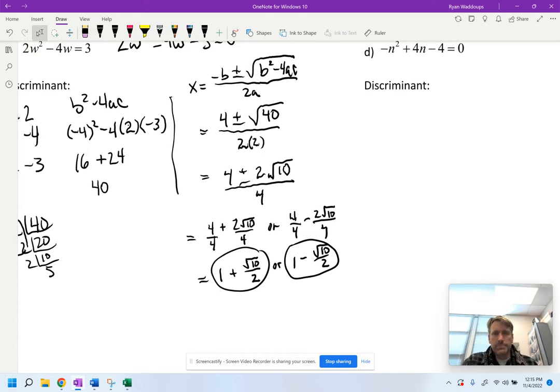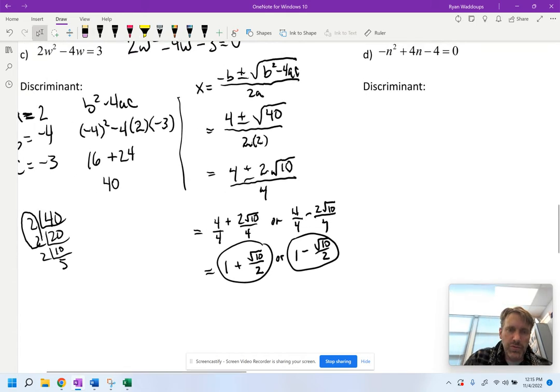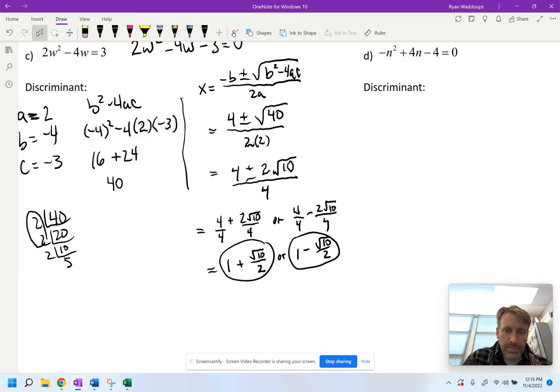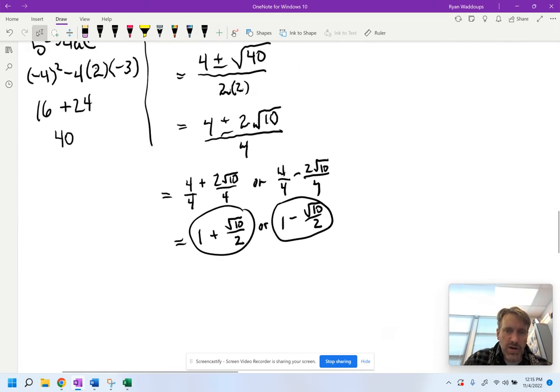Now, your teacher may ask you to determine what the decimal values of those are.